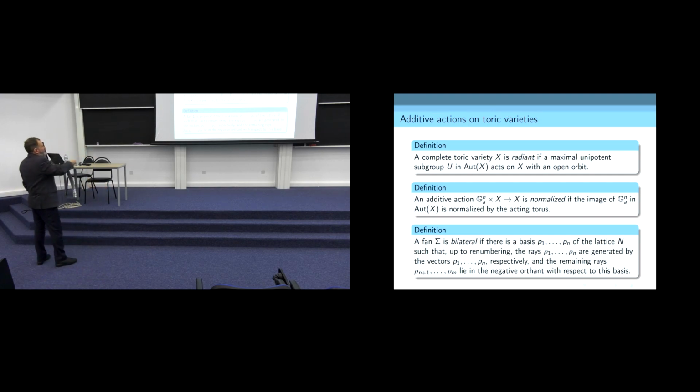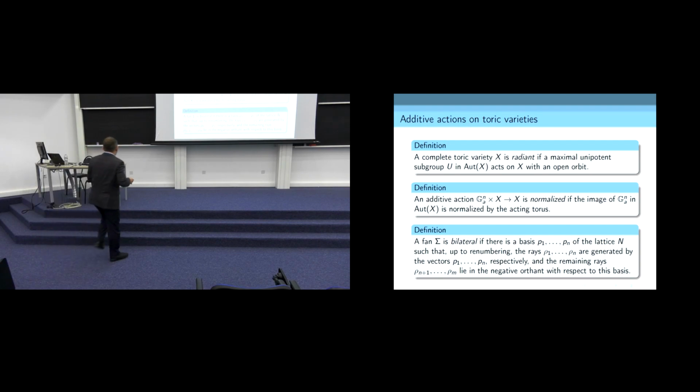Or this is the same as to say that some unipotent group acts with an open orbit. Also, I would like my additive action to be compatible with the toric structure. By compatible, I mean that the image of this commutative unipotent group is normalized by the acting torus inside the automorphism group.